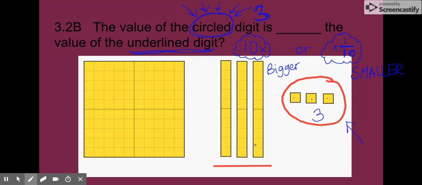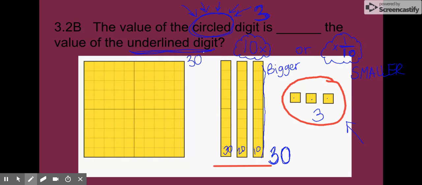Let's look at the underlined digit and count the value. I know already that this is worth 10. So let's count by tens. 10, 20, 30. So the total value of the underlined digit is worth 30. So let's rewrite it next to the underlined digit.